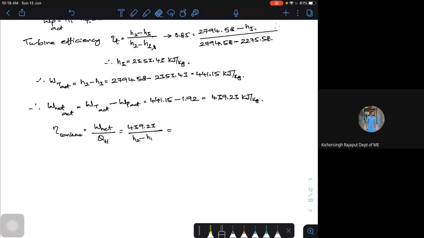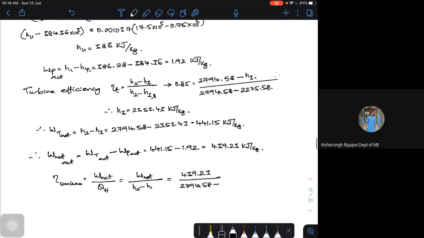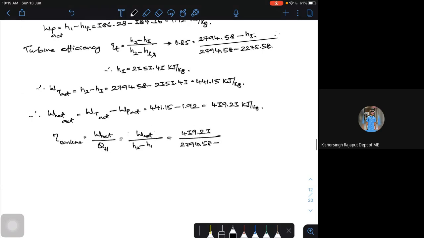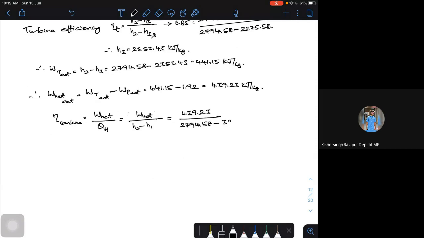So net work done is 439.23 divided by H2, 2794.58, minus H1, 386.28.